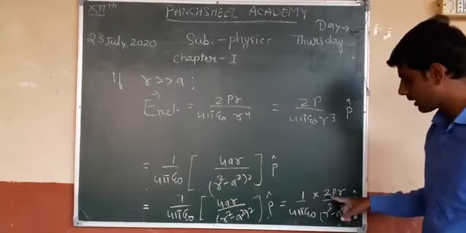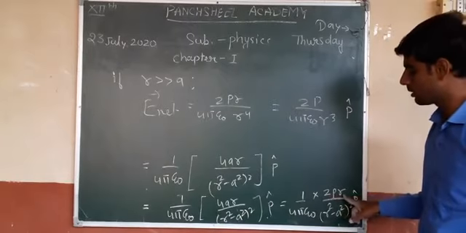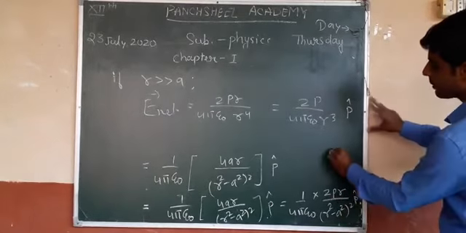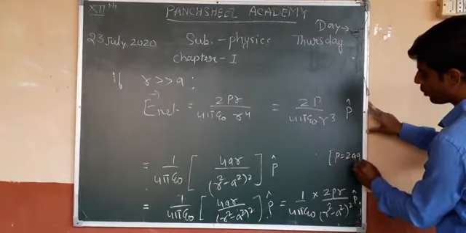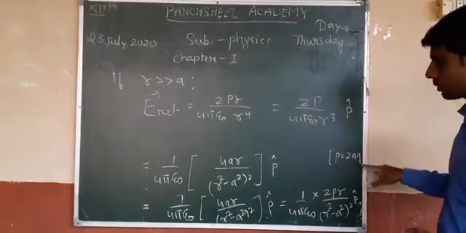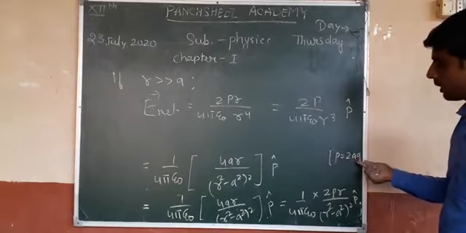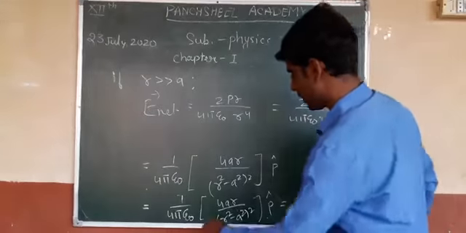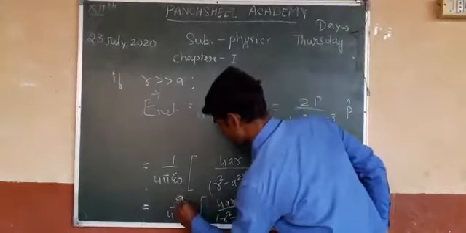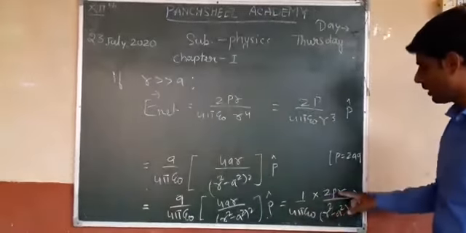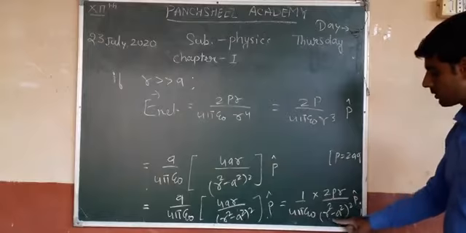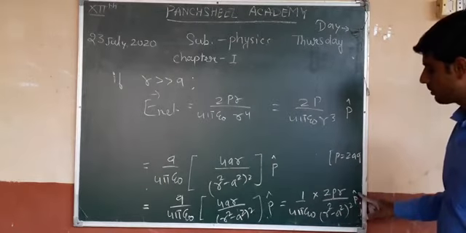So I write here 2pr, because p is q times 2a. So 2a q means the charge is there. So 2pr upon (r square minus a square) whole square, P vector.